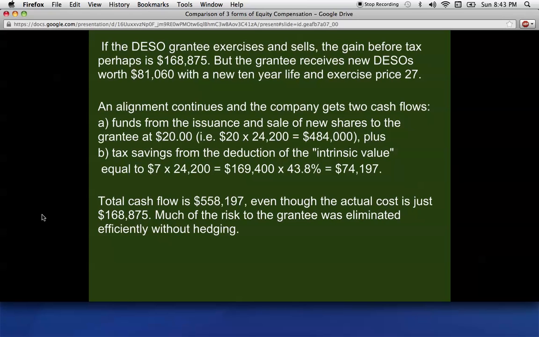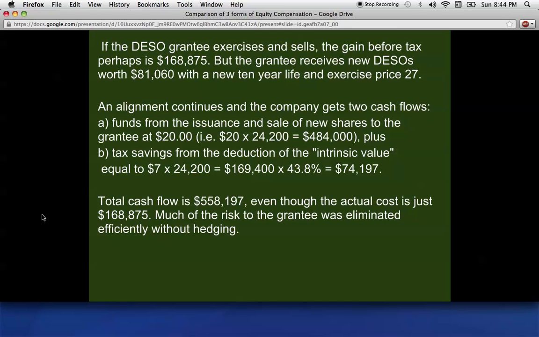First of all, the flows come from the issuance of the stock and the sale of new shares to the grantee at 20, and so for 24,200 shares, that's $480,000 of cash flow plus tax savings from the deductions of the intrinsic value equal to 7 times 24,200, which is worth 169,400 times 43.8%.